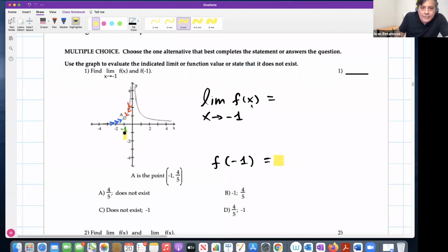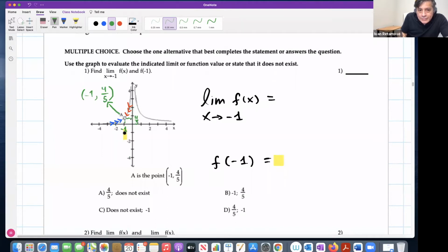Okay, for the limit, we said we have to travel along the function from the left, from the right, approaching -1. If you approach -1 from the left, look, the output values are going here. But Professor, what is that value? Well, this point A has coordinates -1, 4/5. So the partner of -1 via the function is 4/5.